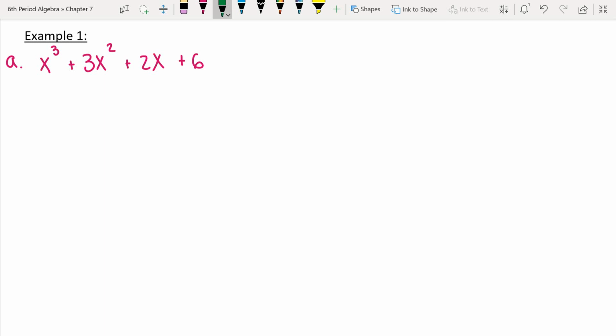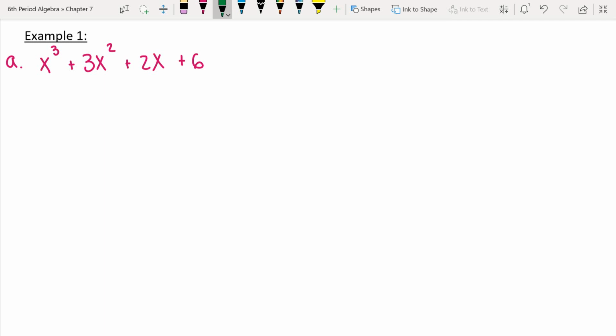We have this polynomial, x cubed plus 3x squared plus 2x plus 6. So I see we have 4 terms. I know this is written in standard form already because from left to right, the exponents on our terms go from big to small. So there's nothing I have to rearrange or rewrite.